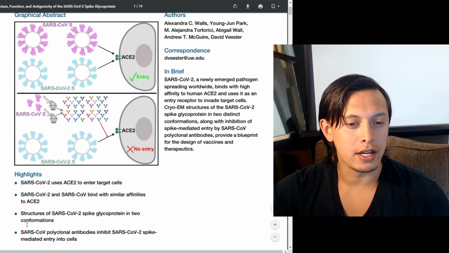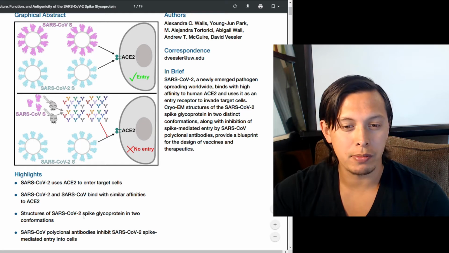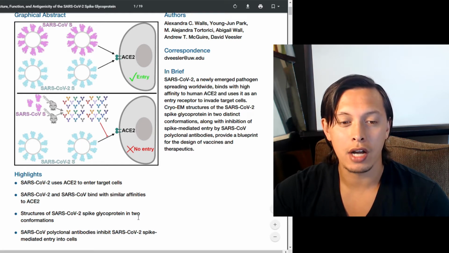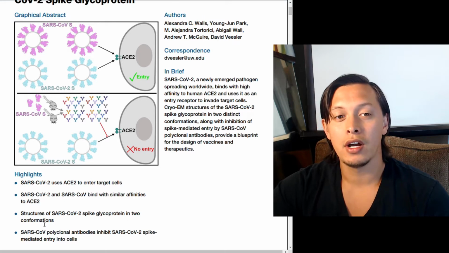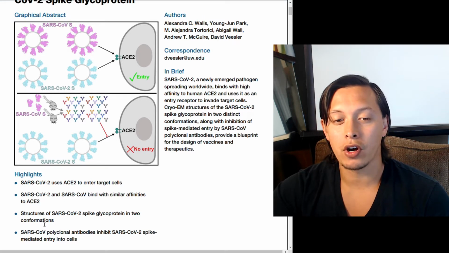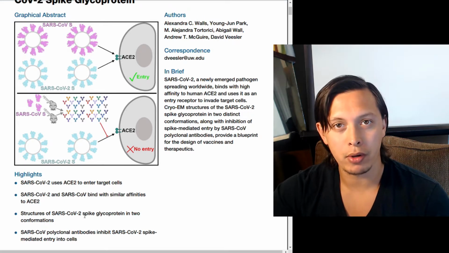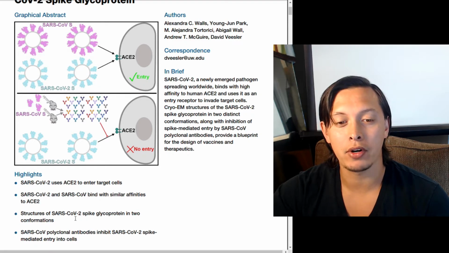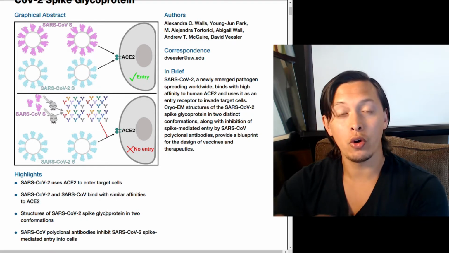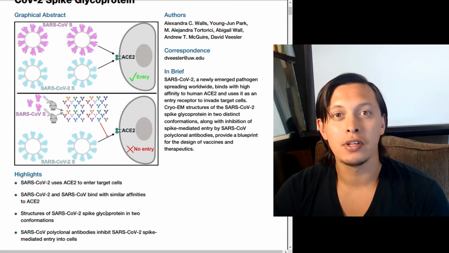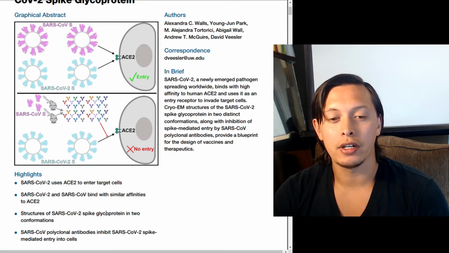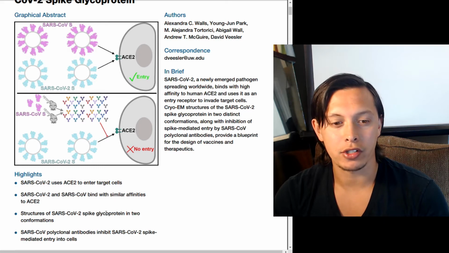And the paper presents structures of the SARS-CoV-2 spike glycoprotein in two conformations. There are multiple conformations of the spike protein, and this paper was able to show these two specific orientations based on their cryo-EM structure.